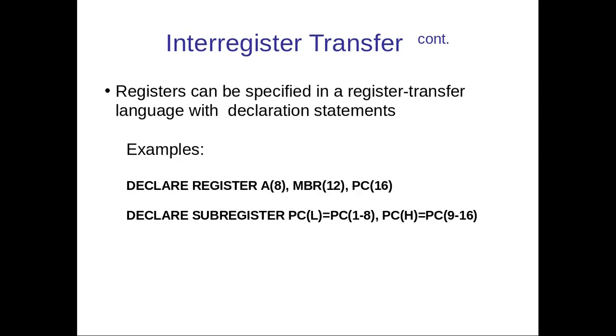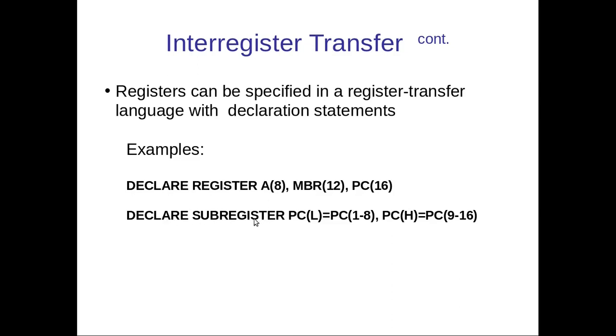Registers can be specified in a register transfer language with declaration statements. For example, declare register A8, MBR12, PC16. This will create a register with the name A and 8 bits, another register with the name MBR with 12 bits, and another register PC with 16 bits. Then we can create sub-registers by using the declare sub-register statement.